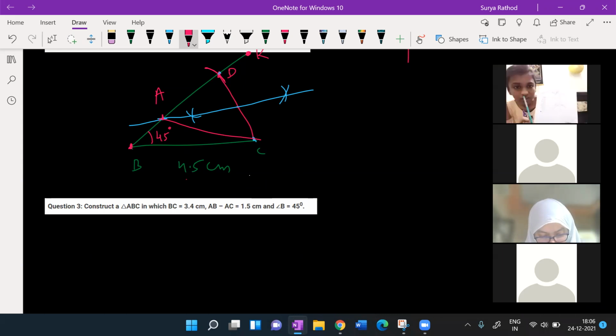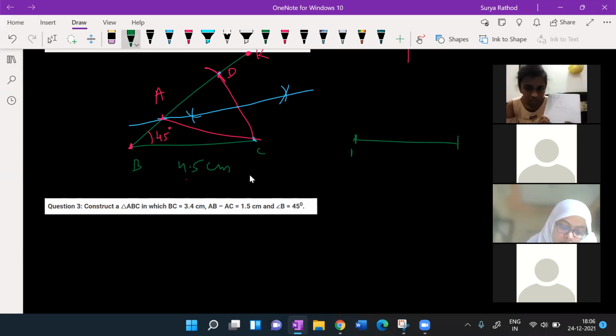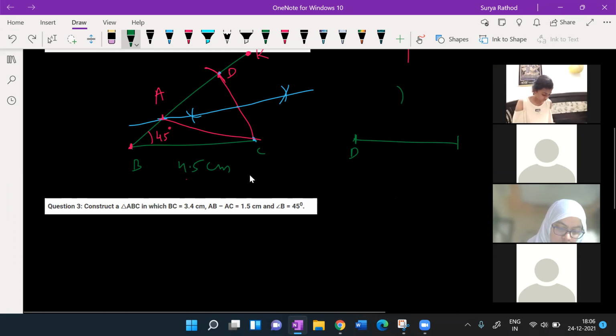What mistake you are doing here is, this is DC, right? Let's say this is the length. From D, first you draw this side. Look at this.